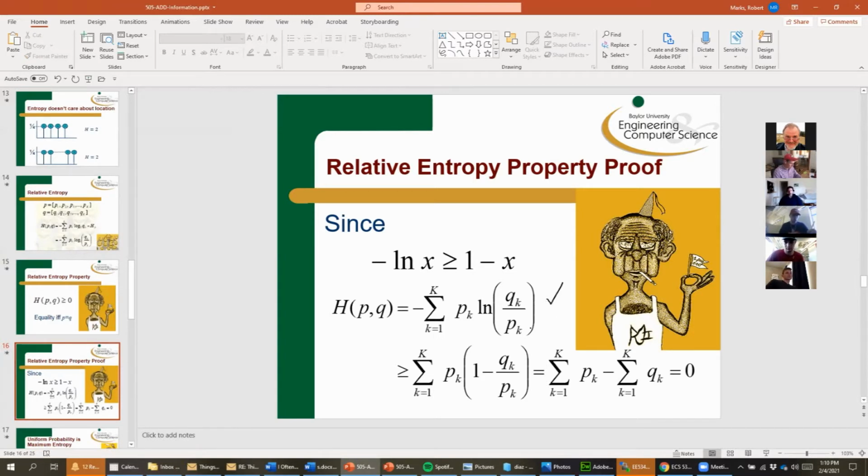This is greater than or equal to the summation over all of these probability mass functions minus the summation over all of these mass functions. And both of those equate to 1, right? You add up all of the probabilities and they all add up to 1. So this difference is equal to 0. Because of this, the relative entropy is greater than or equal to 0. So we've shown this.